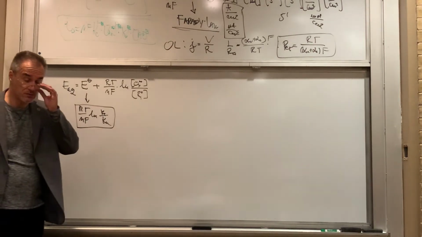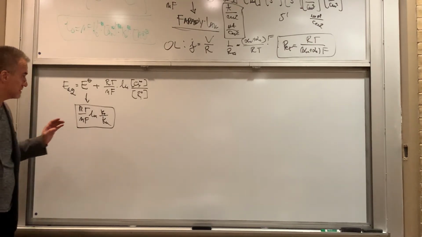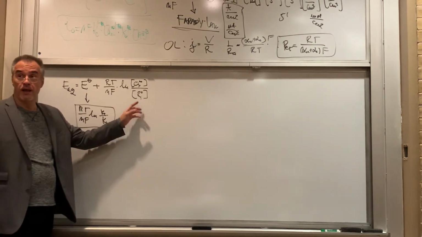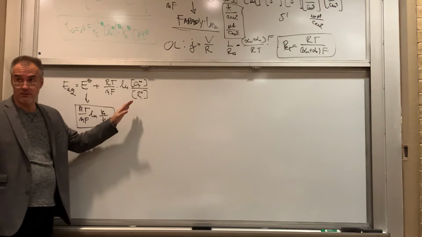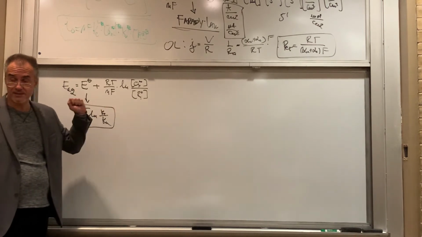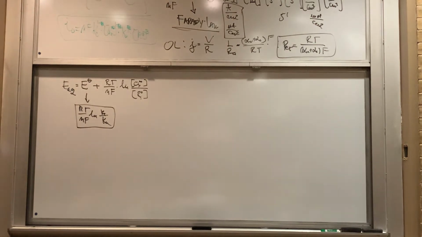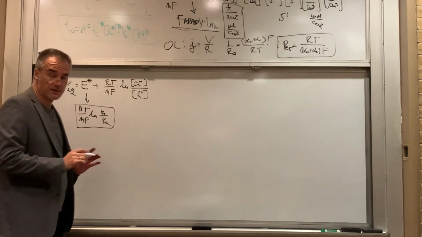Now that's important to discuss here so you understand this is from the kinetics. So these concentrations here, as the kinetics gives you, represent surface concentrations. That's not what we are used to in the Nernst equation, which talks about concentrations in the bulk of the solution. Let's discuss that for a second.